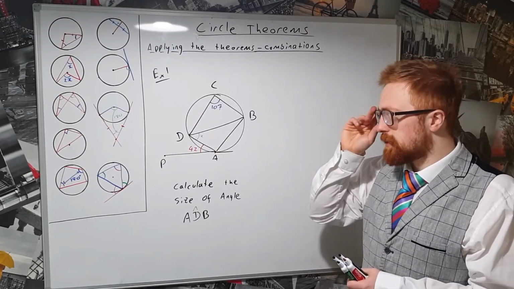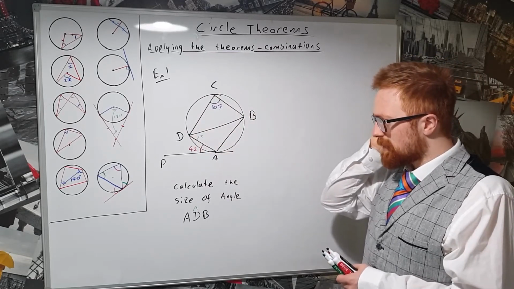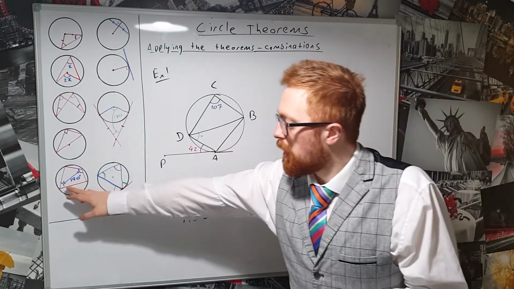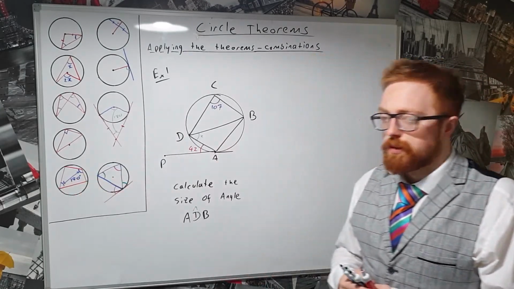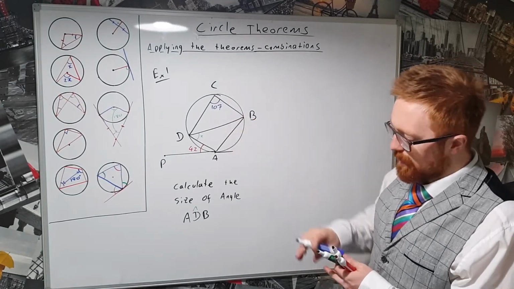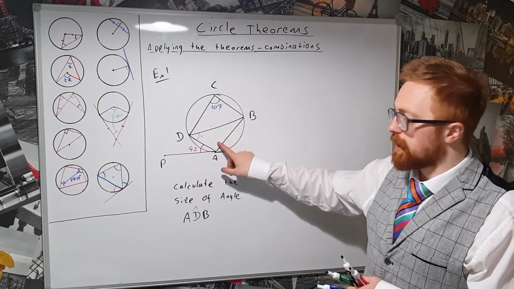The first thing you might have noticed was that we have a cyclic quadrilateral here. As we know, opposite angles in a cyclic quadrilateral add up to 180 degrees. So if this angle here is 107, then I can work out this angle down here.